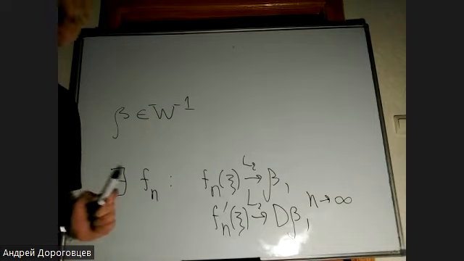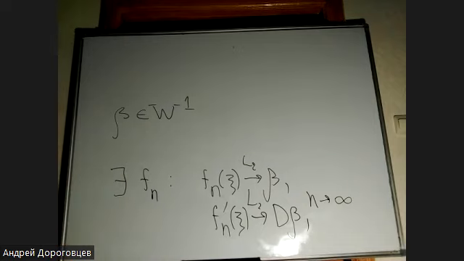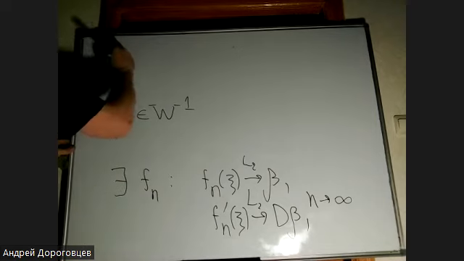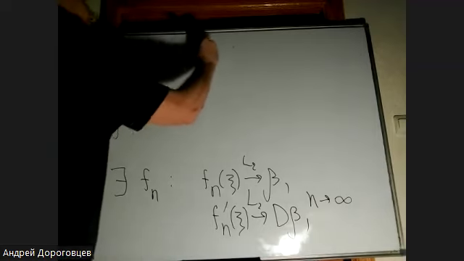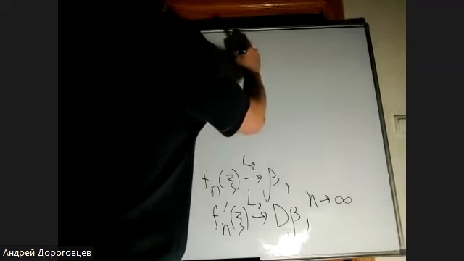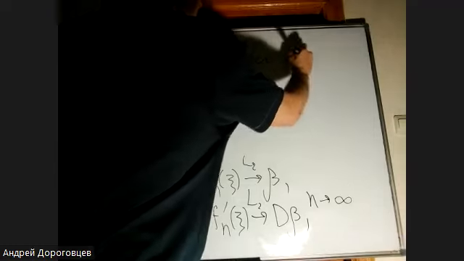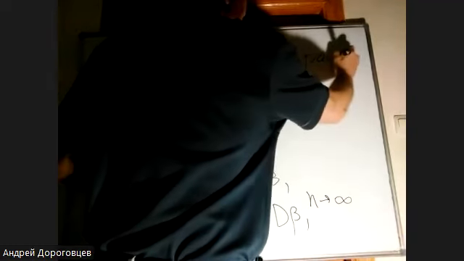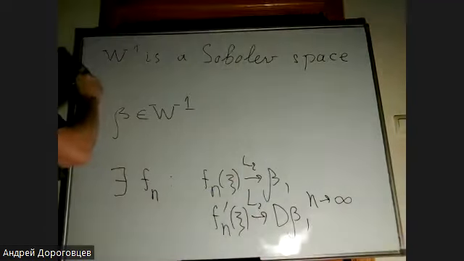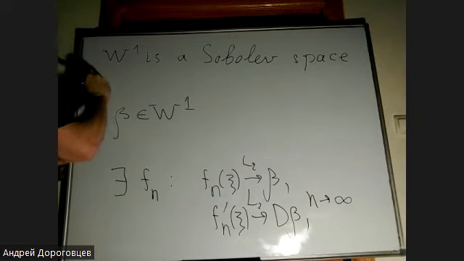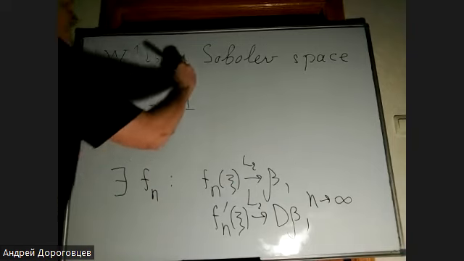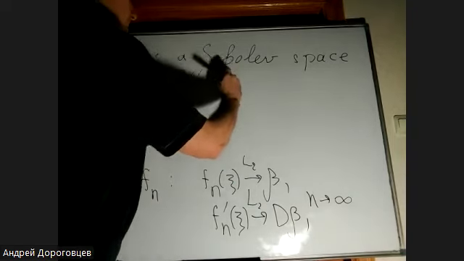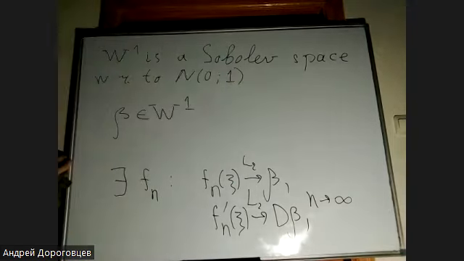So one can now understand that W1 is a Sobolev space with respect to the standard normal distribution, the standard Gaussian measure.